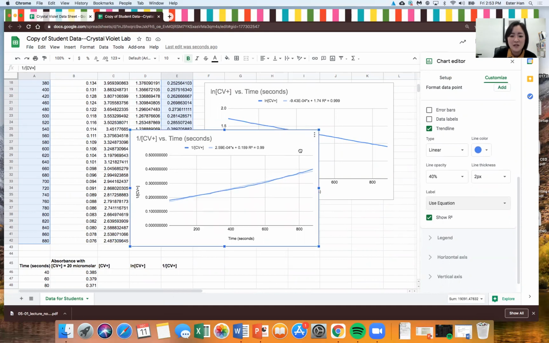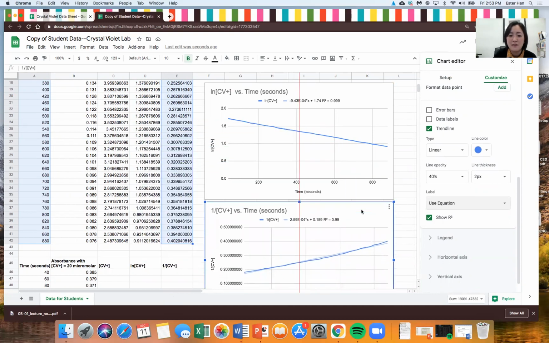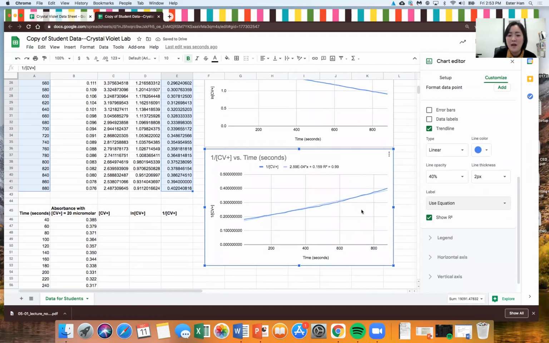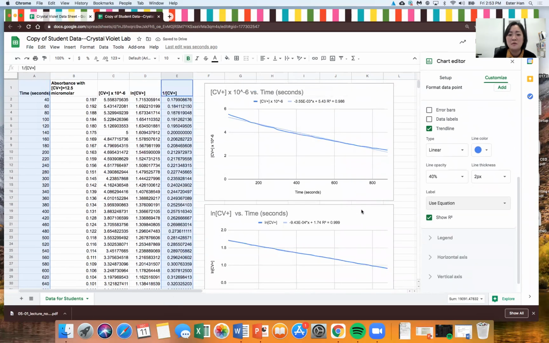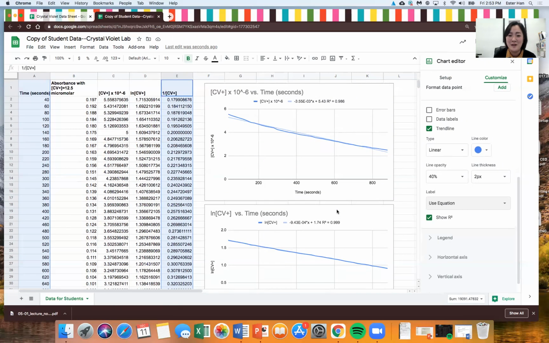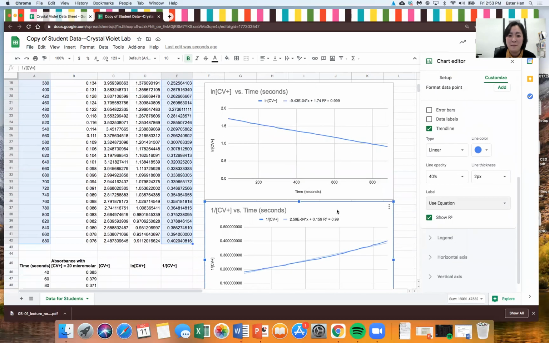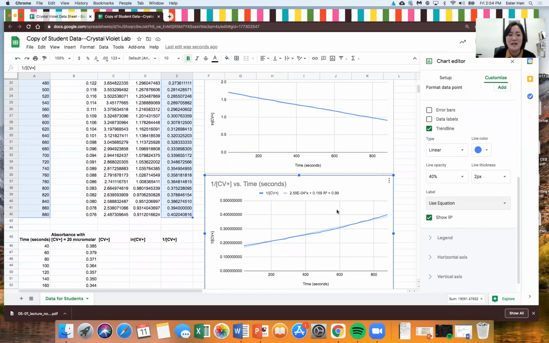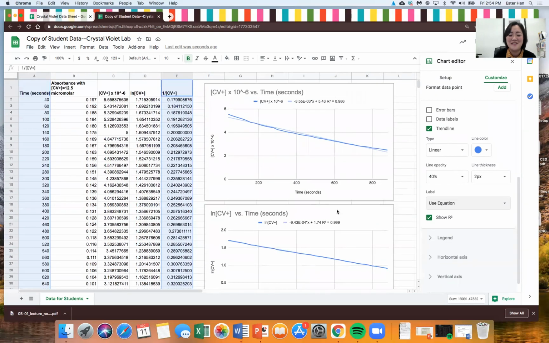But again, if you had to pick between the three graphs that you see here, you want to pick the one that gives you the most straight line. I'll tell you, typically when you analyze AP data, the curves are a little more obvious, right? But for this one, they're pretty close. So you just have to pick the best graph that fits your data points to get the straightest line, because these all look pretty straight to the naked eye, right?